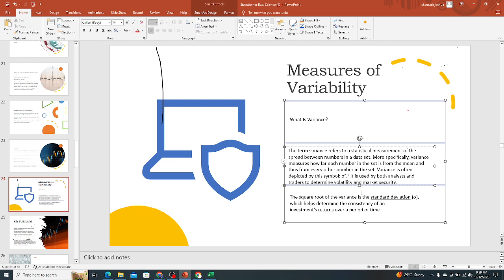If the variance is a small value, then the data is close to the mean, and we won't have many outliers. But if we have a high variance, then your data is having high outliers.